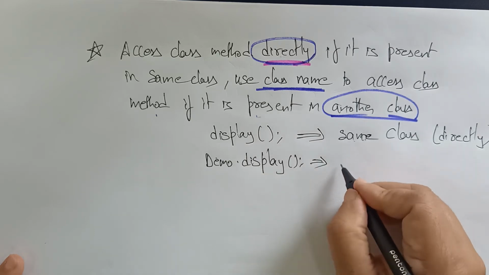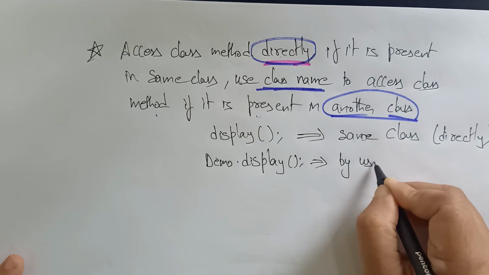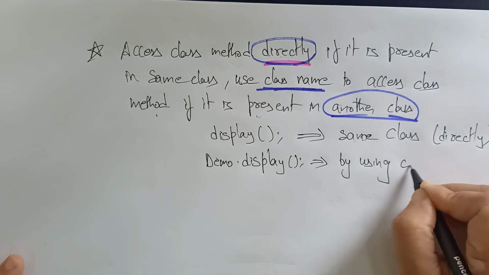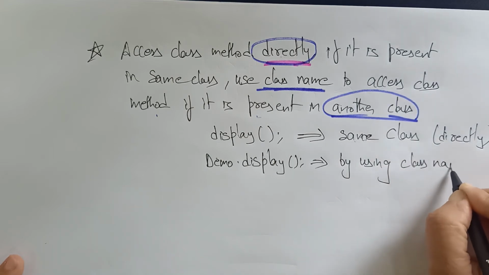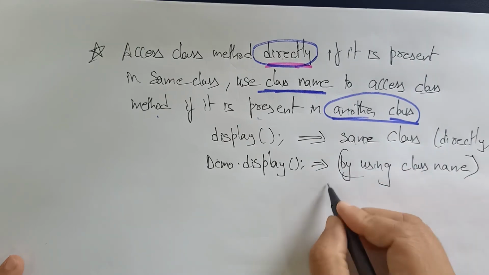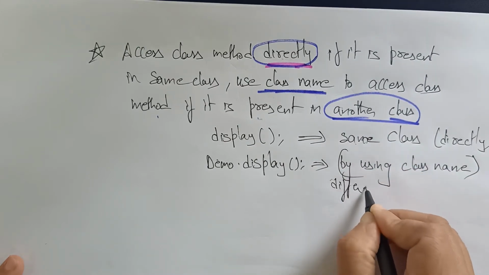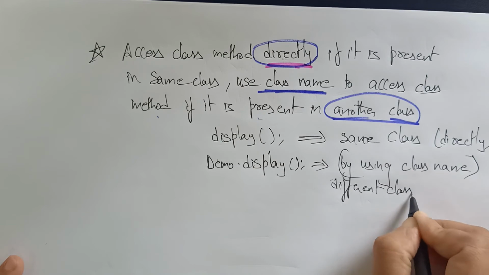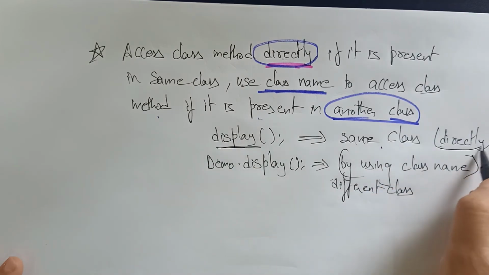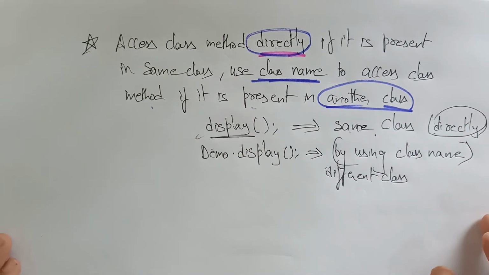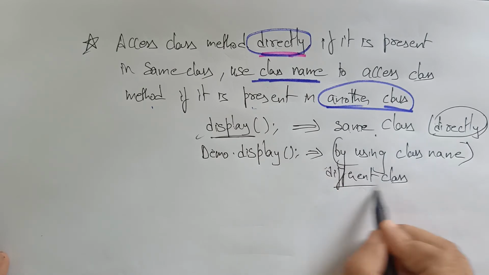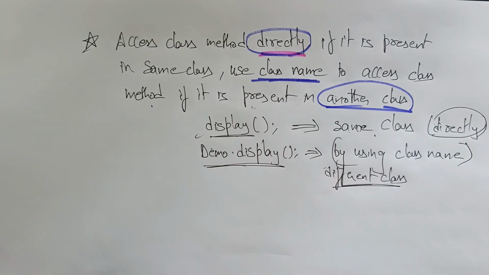This is by using the class name, if it is present in a different class. If it is present in the same class, you can access it directly by calling display. If it is present in a different class, you can call it by using the class name. That's it. So it is better to use these two methods. Don't go with an object or an object reference.